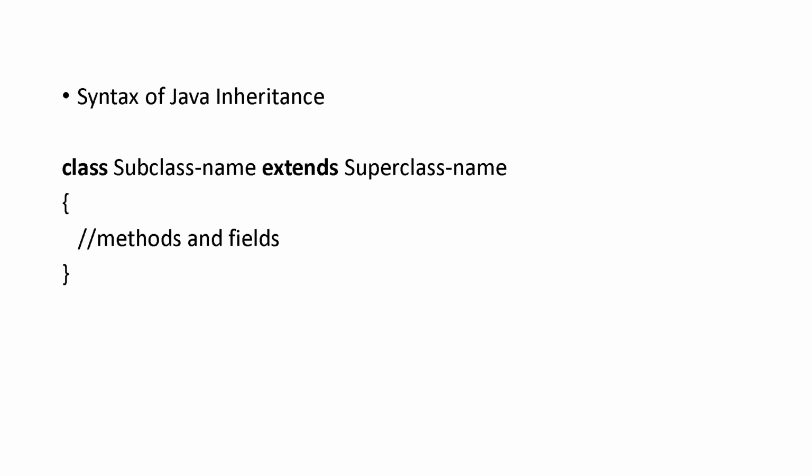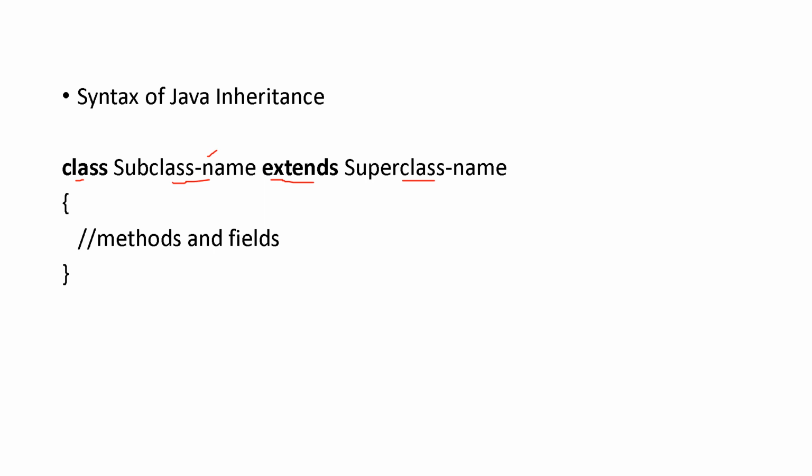This is the syntax of Java inheritance. Write the class keyword, the name of the subclass, the keyword extends, and then the parent class name or the base class name from where this subclass has been derived.